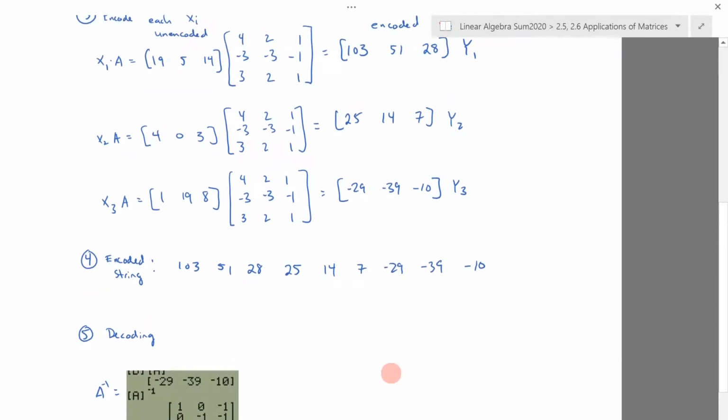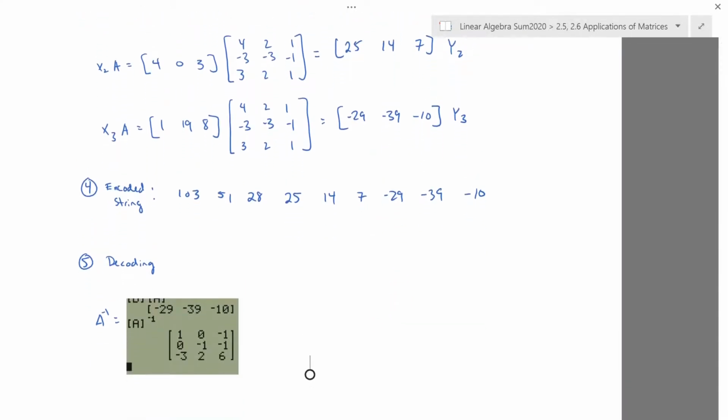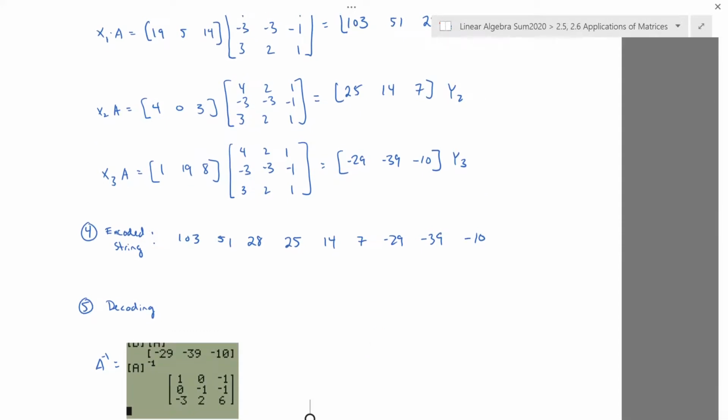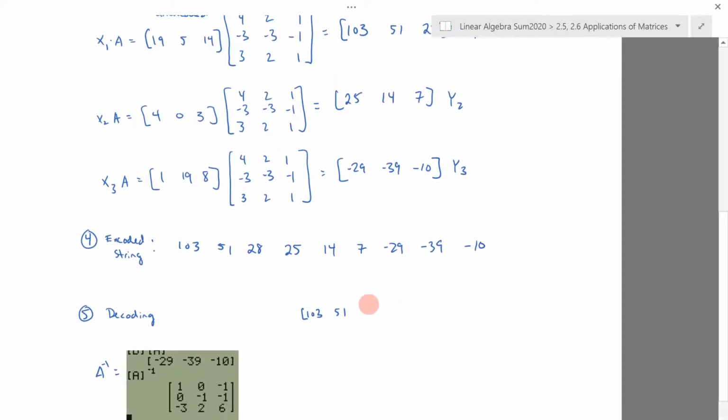So I just do the multiplication. First one, 103, 51, and 28 times A inverse. So let me just write A inverse to save time. So multiplying A inverse on the right. So what is this?